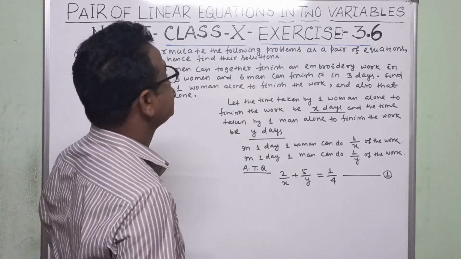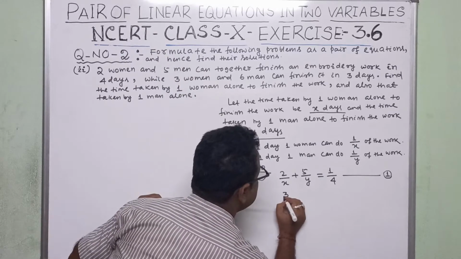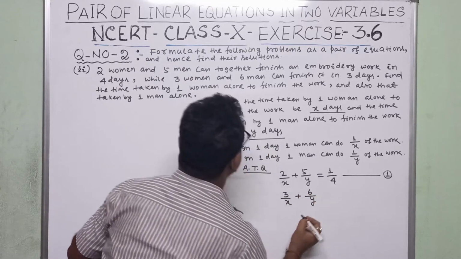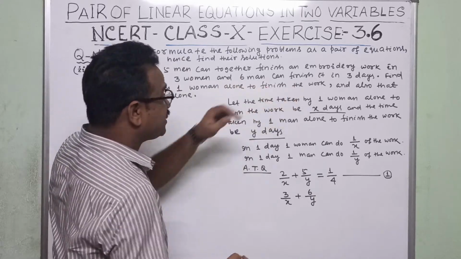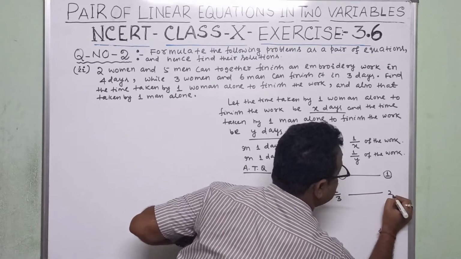Now second case, 3 women. So 3 by x plus 6 by y. 6 men can finish it in 3 days, so in 1 day 1 by 3. This is equation 2.